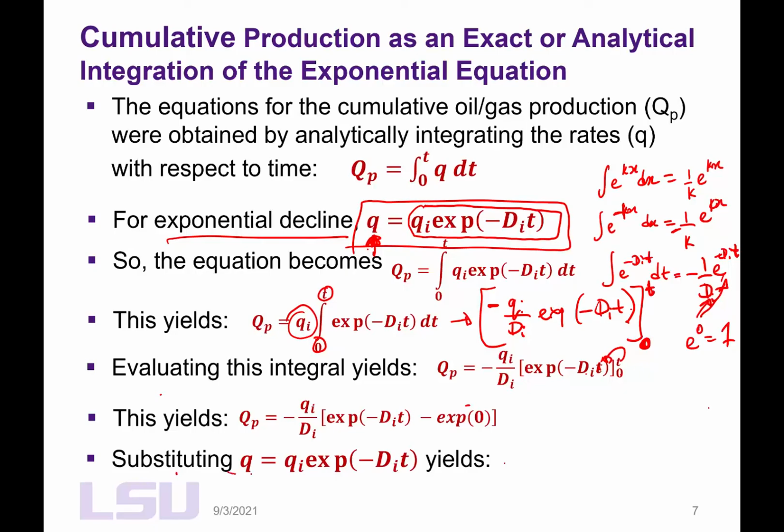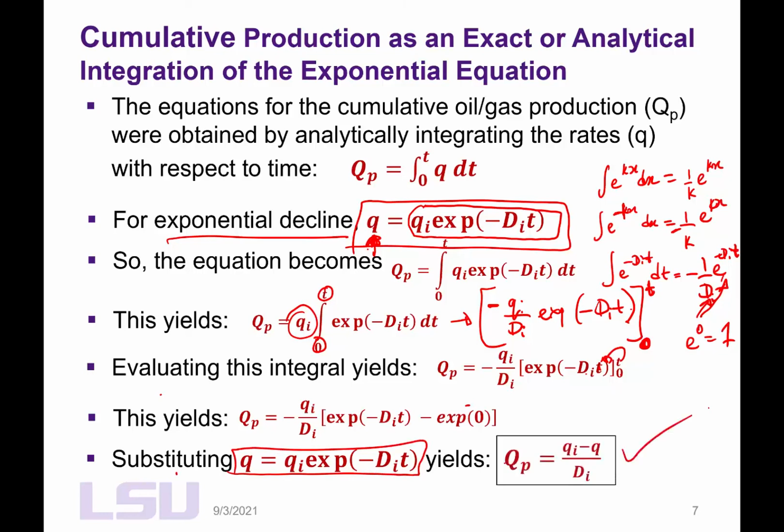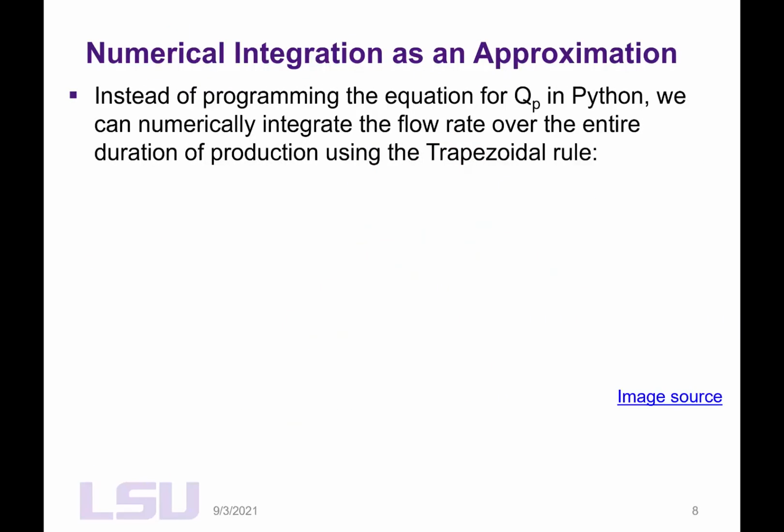And then we substituted this one at the very end, and we got this expression for cumulative production as an integral of flow rate. And this procedure will work for any equation of Q, except that some Q's could be very complicated and there is no easy way to integrate it. And that's when numerical approaches, numerical approximations, come in handy. Good.